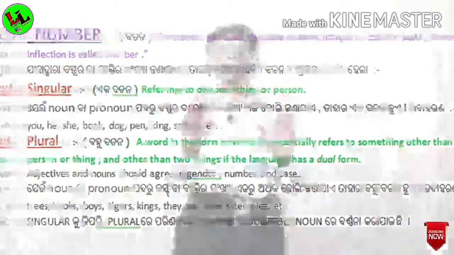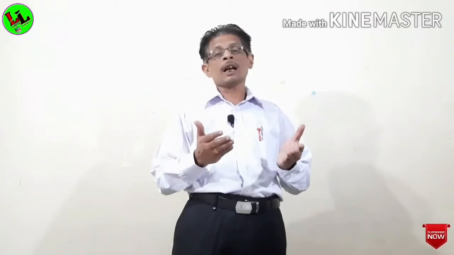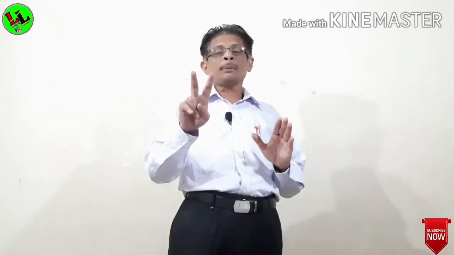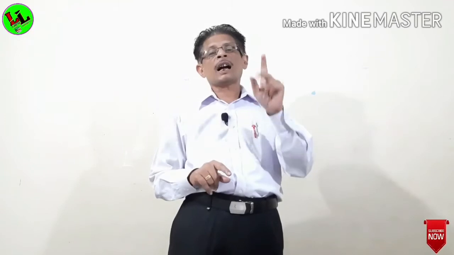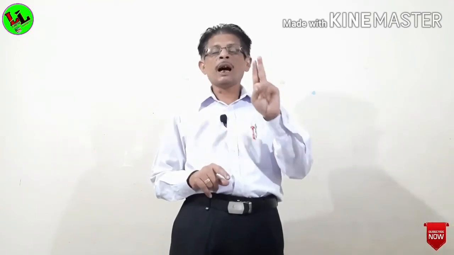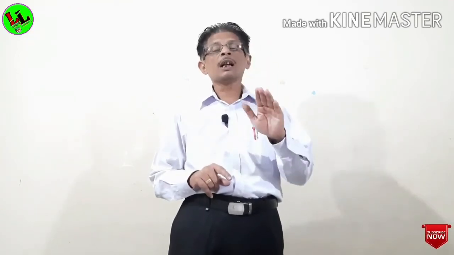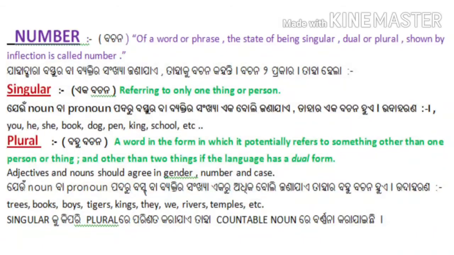So number shows whether it is singular or plural. From this definition, you are very clear that number is of two types: one is singular and another is plural. Now we will see what is singular and what is plural.